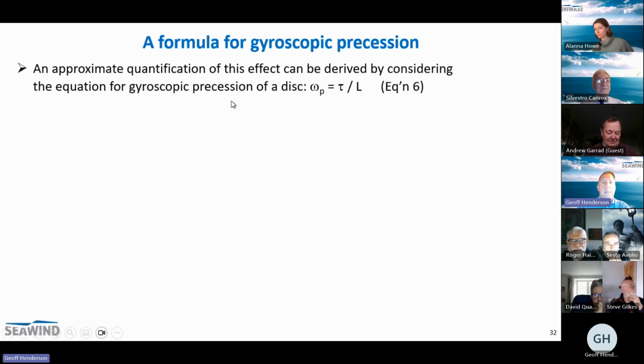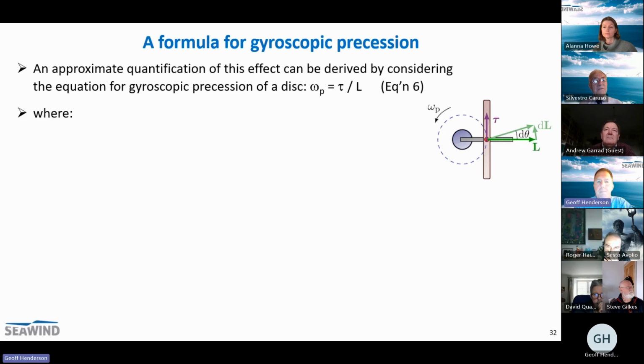So a formula for gyroscopic precession of the turbine can be derived considering the effect we've just seen with the bicycle wheel, where the rate of precession equals a torque in the vertical plane divided by the angular momentum.